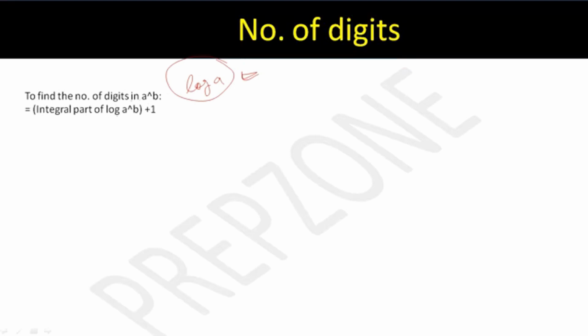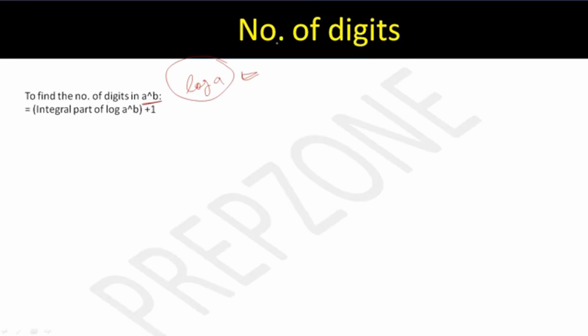If you have to find the number of digits in a to the power b, a and b can be anything. Of course, a has to be positive, only then log a would be defined. b can be anything, positive or negative. Then the number of digits is the integral part of log a to the power b, plus 1. That's it.